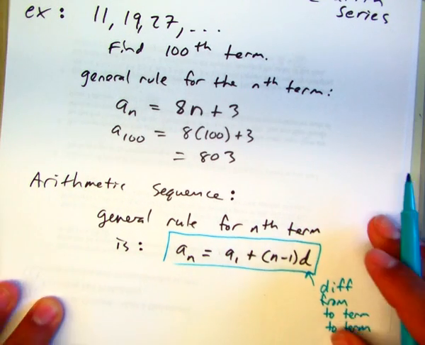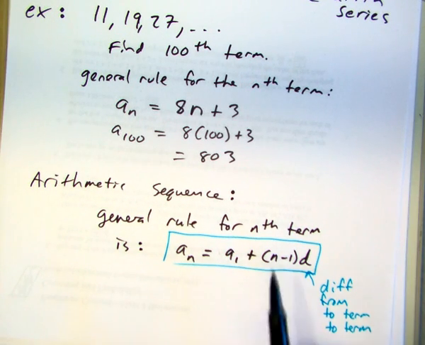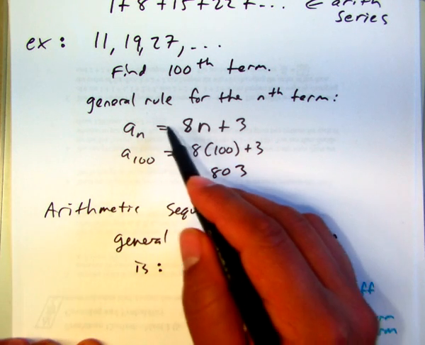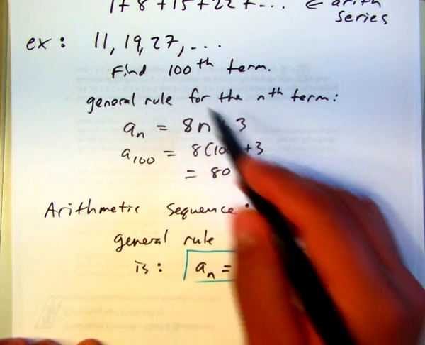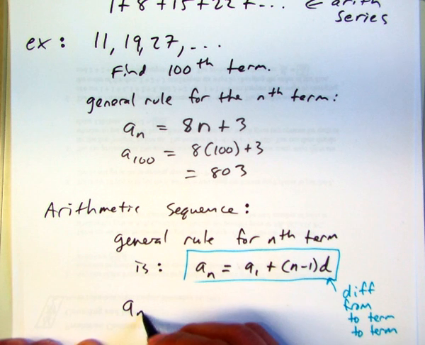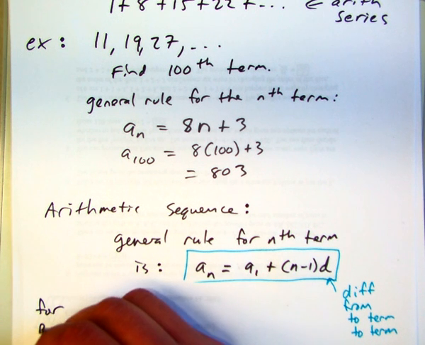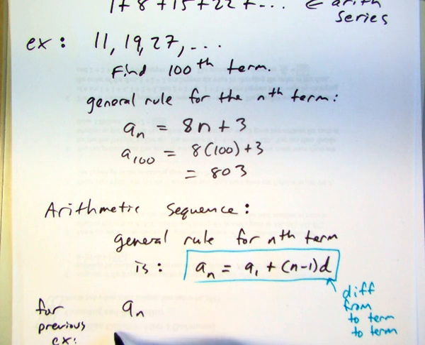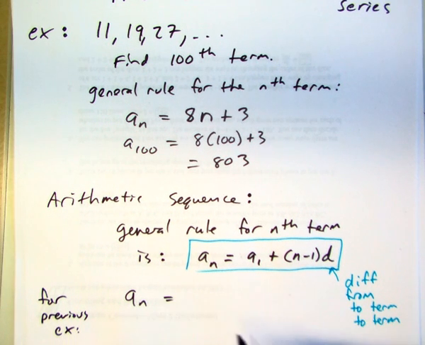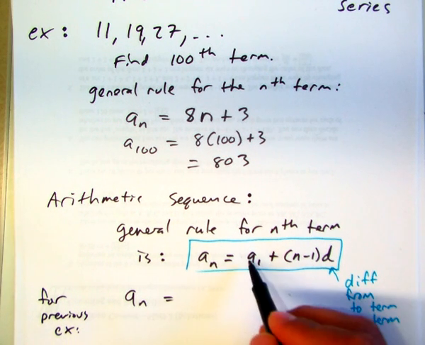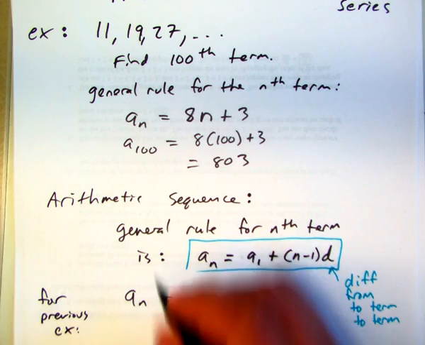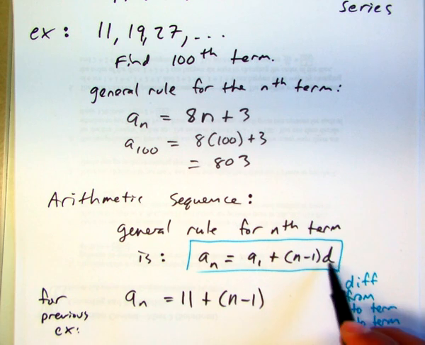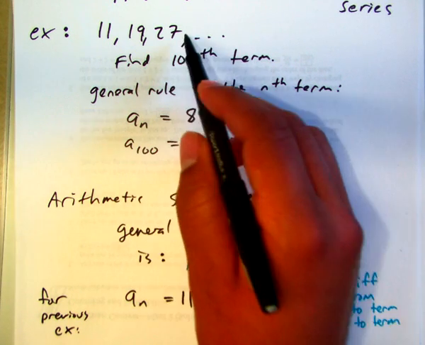You could also use this formula to find the general rule for the nth term in this example. Using the previous example, the first term is 11, so you write down 11 plus n minus 1 times d, and you can see that d is 8 because things are going up by 8.